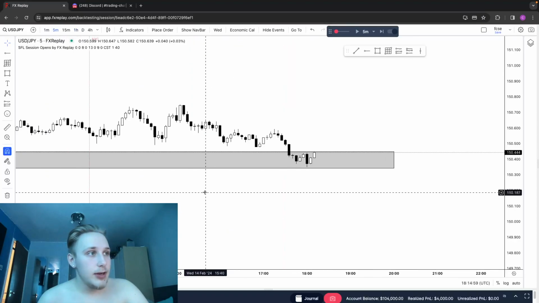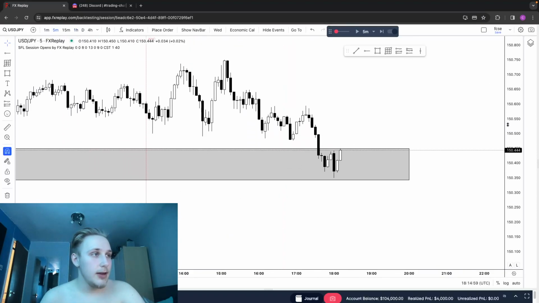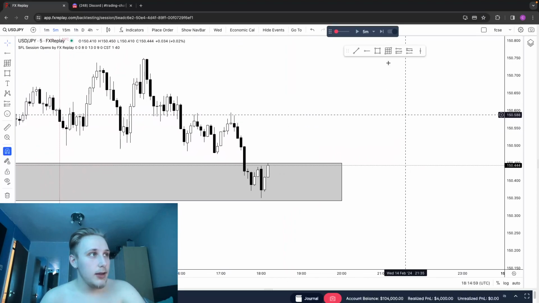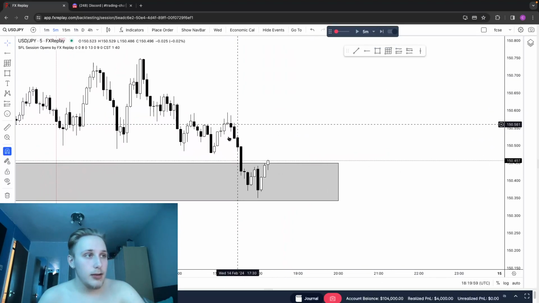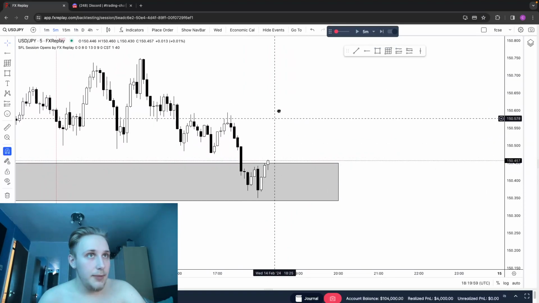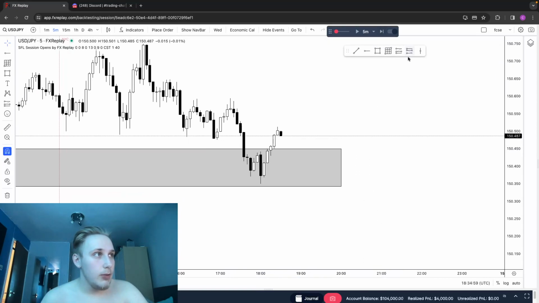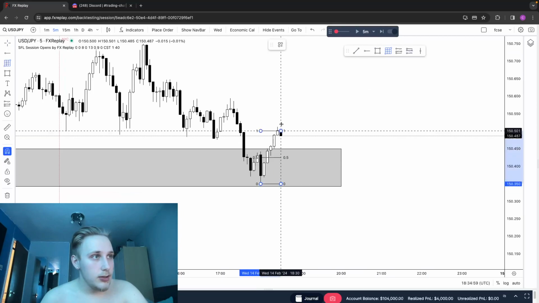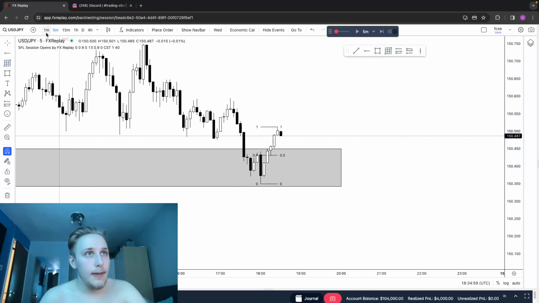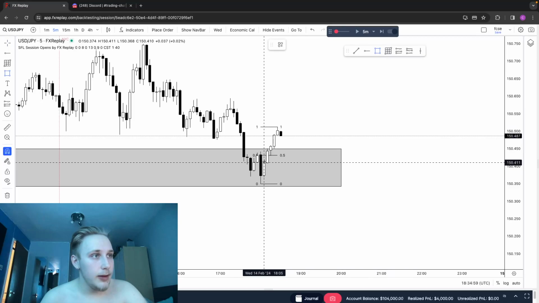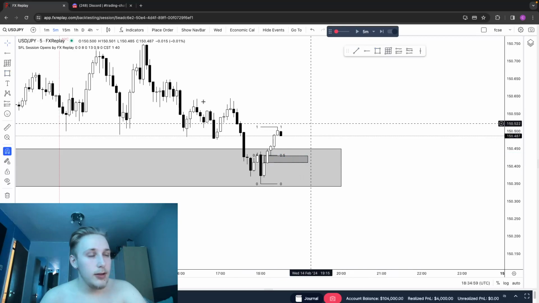So the way we traded this, jump on the 5-minute time frame. Obviously, we break structure on the 5-min there. Now we're going to wait for equilibrium to get set, which it does. So if we come onto here, we can clearly see we've got a 5-min fair value gap in equilibrium.